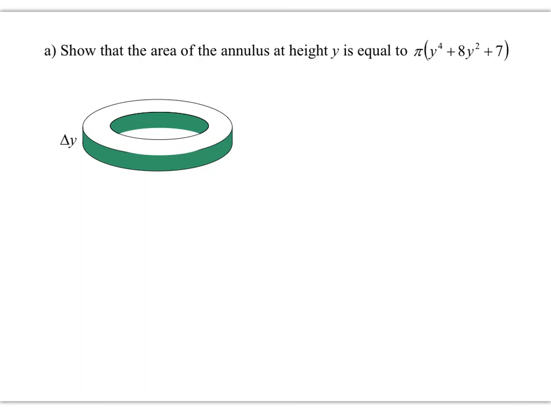So we end up having the 2 radii shown, and then our volume delta y is going to be that very small thickness. We don't need the volume because the question is saying find the area.